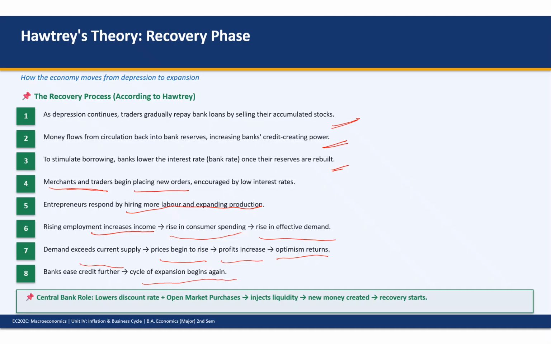The central bank here plays an important role in the recovery by lowering the discount rate and buying securities through open market purchases, which injects liquidity into the economic system. So the recovery is basically the phase in which the economy revives from depression and prepares for a new boom.